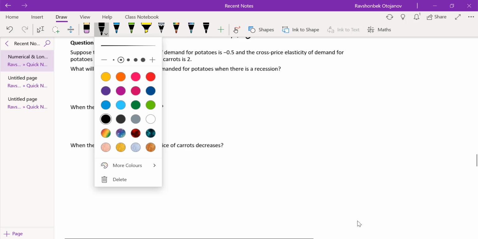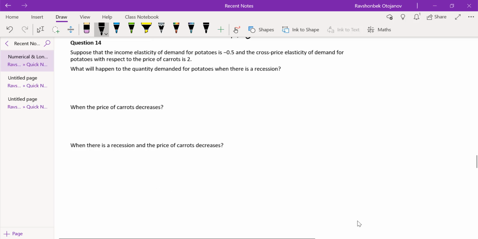Next question. Suppose that the income elasticity of demand for potatoes is negative 0.5. And the cross price elasticity of demand for potatoes with respect to the price of carrots is 2.